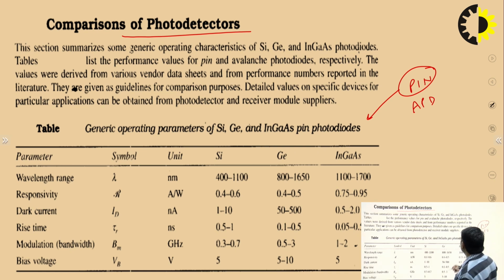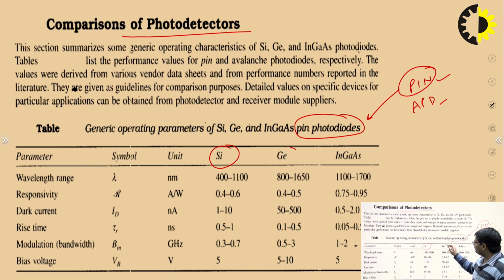Semiconductor materials are used for making these PIN or APD. So, let us say first of all we have a PIN photodiode. This PIN photodiode may be made up of silicon, germanium, or indium gallium arsenide.